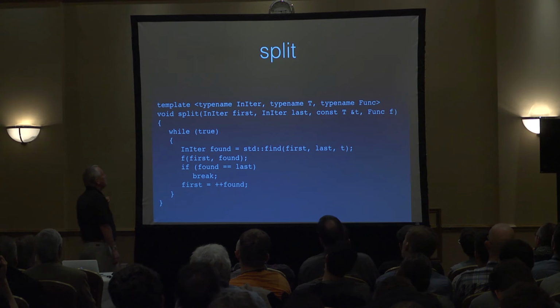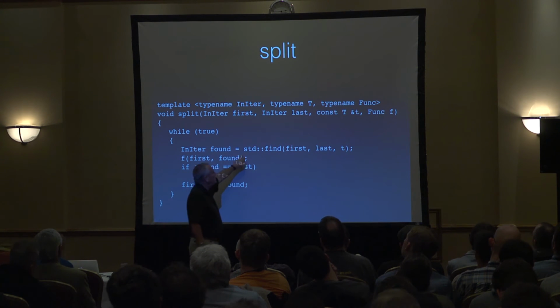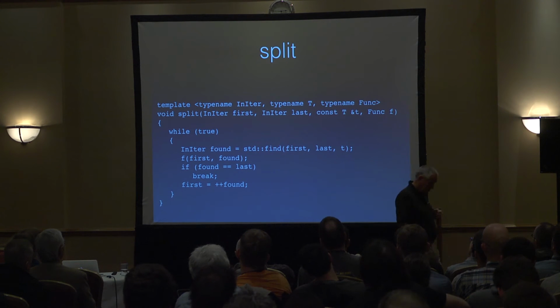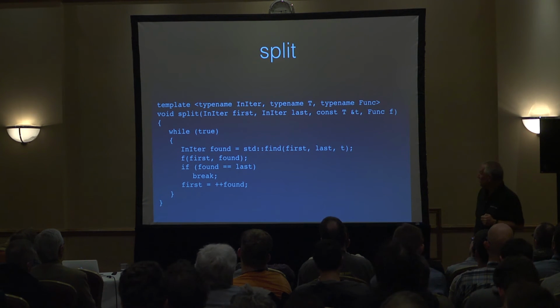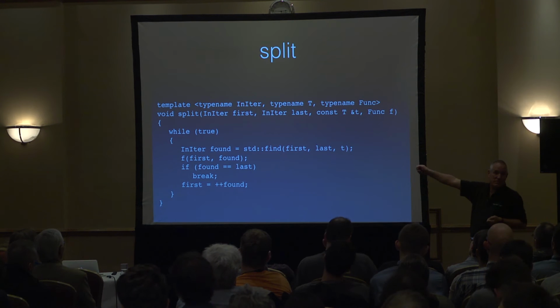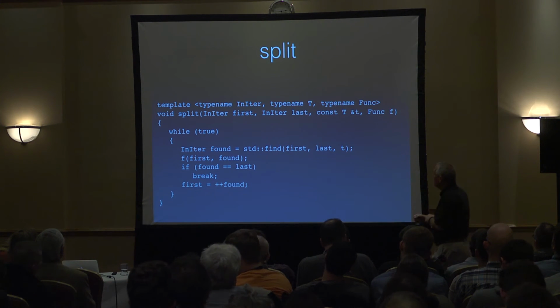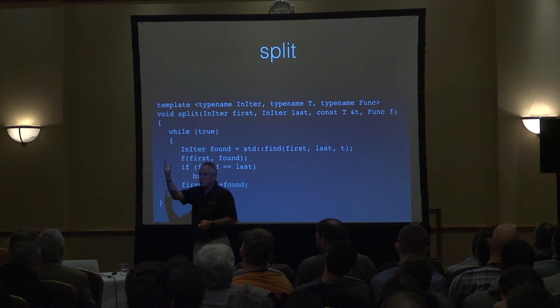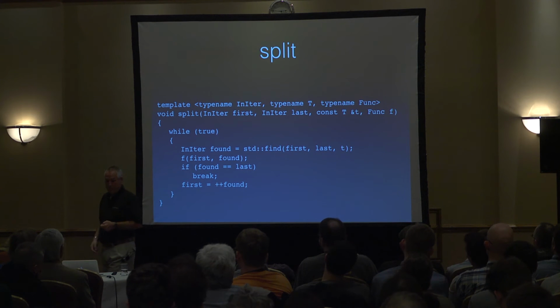But anyway, we find t in the sequence, okay? We look for it. Find will return the end if it doesn't find it. If it does find it, it returns an iterator that points to lowercase t.